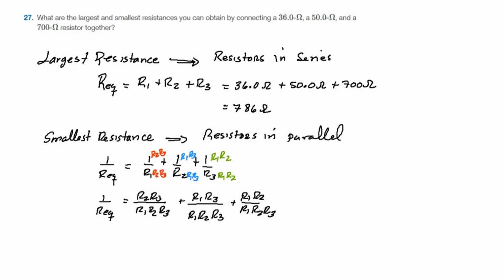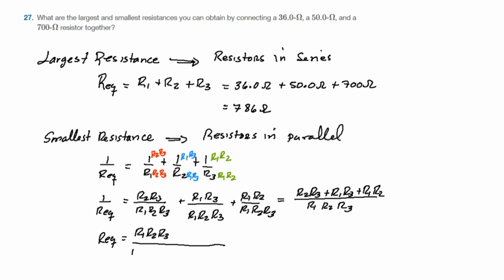Now I have the same denominator, so I can say that this is R1 R2 R3 over R2 R3 plus R1 R3 plus R1 R2. Now we can flip both sides, and we get that the equivalent resistance is R1 times R2 times R3 over R2 R3 plus R1 R3 plus R1 R2.